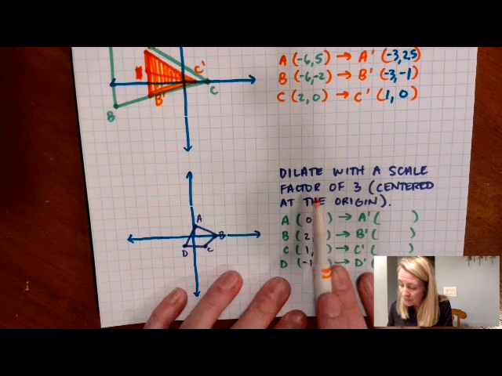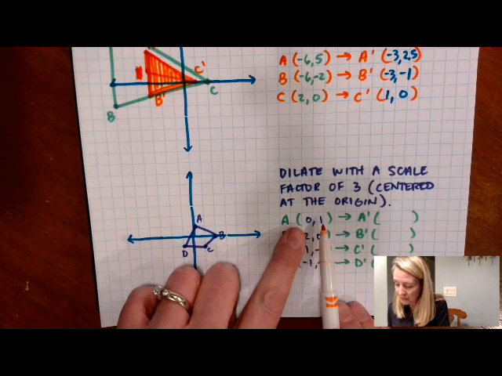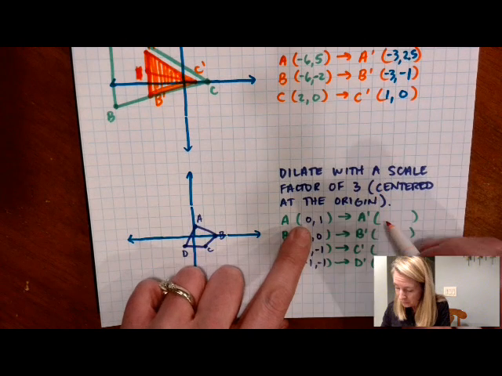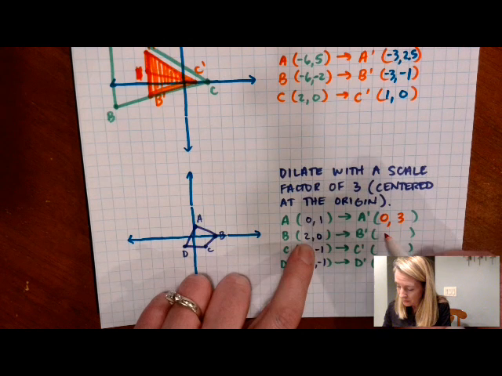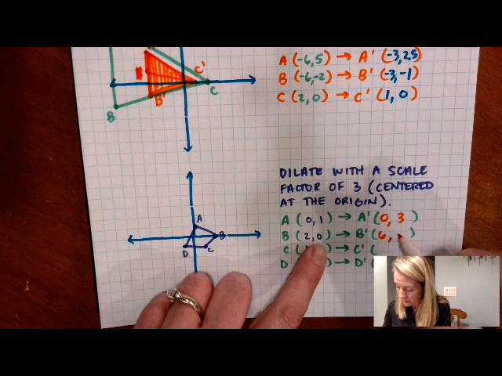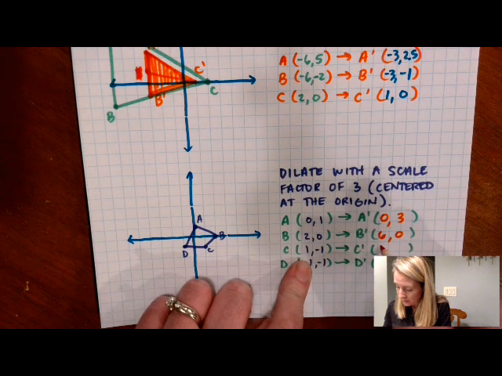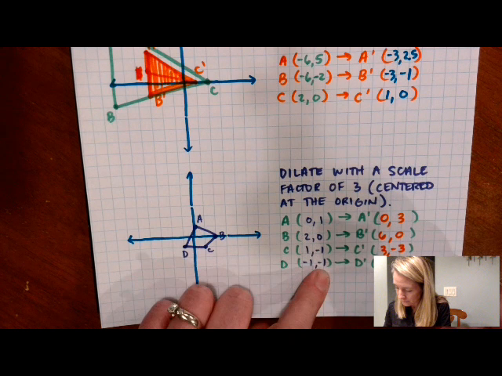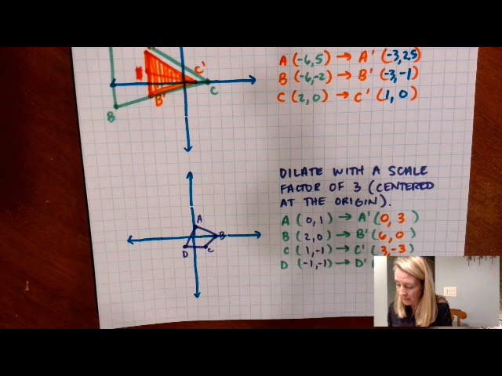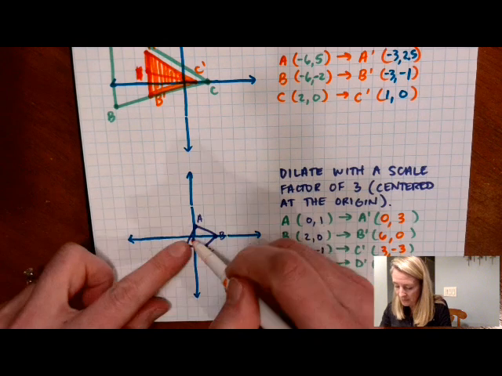Okay, so let's do this one with a scale factor of 3. (0, 1), multiply by 3, so 0 times 3 is 0, 1 times 3 is 3, 2 times 3 is 6, 0 times 3 is 0, and so on. And we'll plot those new points. A prime is (0, 3).